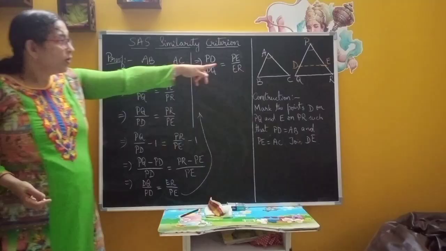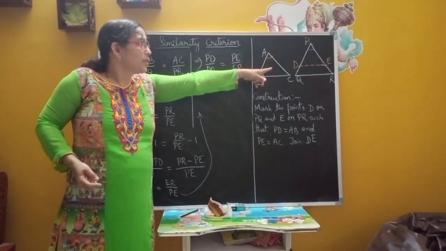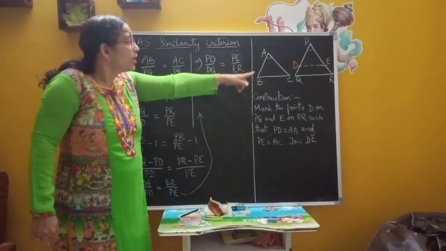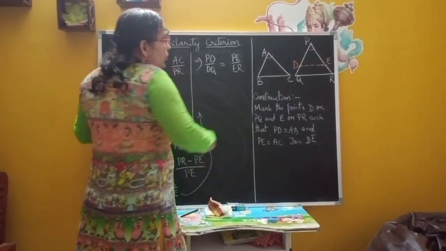See, now we got the ratios of the sides. So now using the converse of BPT, what do we say? DE is parallel to QR.